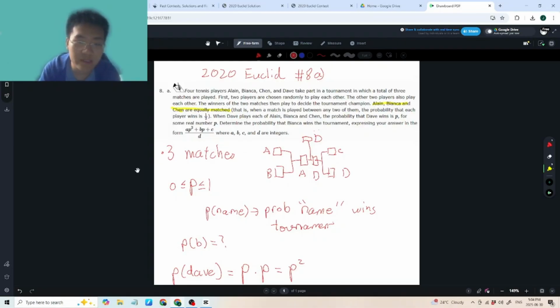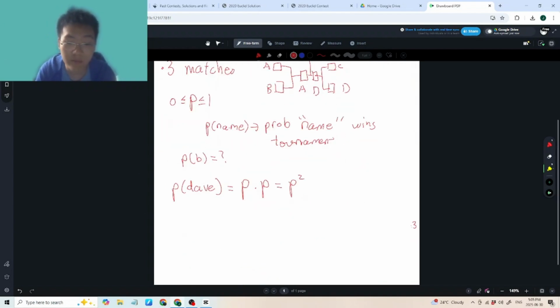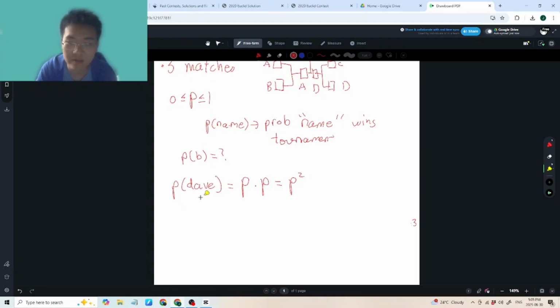So the probability that A, B, and C win against each other is always 1/2, and the probability that A, B, and C win against Dave is always 1 minus P. This is complementary counting. We can also use complementary probability here to figure out the probability of someone other than Dave winning the tournament, because all probabilities have to add up to 1.